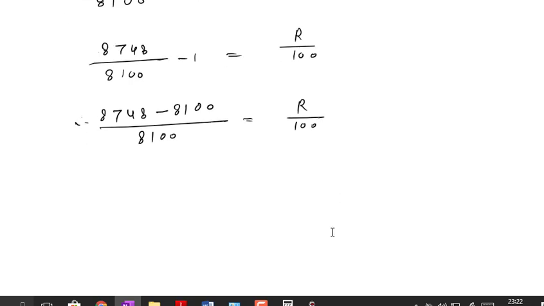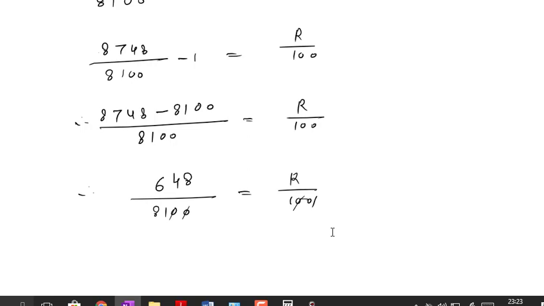So we have 8, then 4, then 7 minus 1 is 6, divided by 8100, equal to R upon 100. Now I will cancel 20 from this side and this side. It is the same as multiplying both sides by 100.